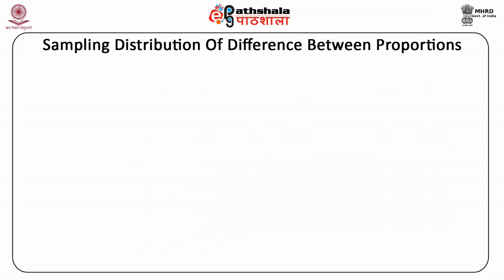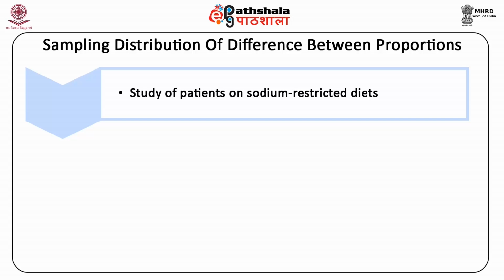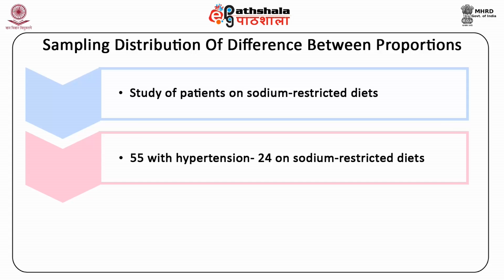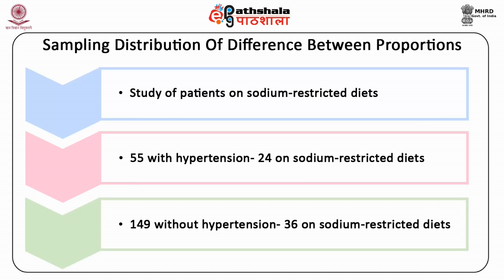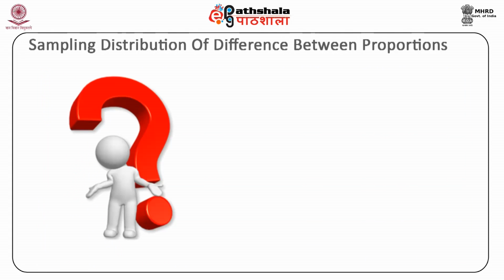We can further understand this concept with the help of an example. In a study of patients on sodium-restricted diets, 55 patients with hypertension were studied. Among these, 24 were on sodium-restricted diets. Of 149 patients without hypertension, 36 were on sodium-restricted diets.